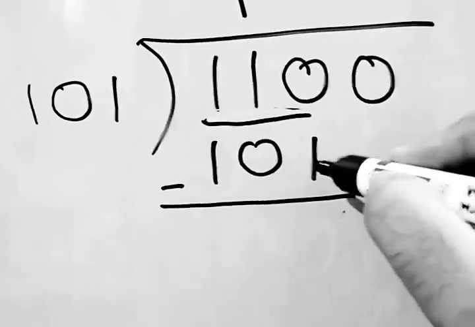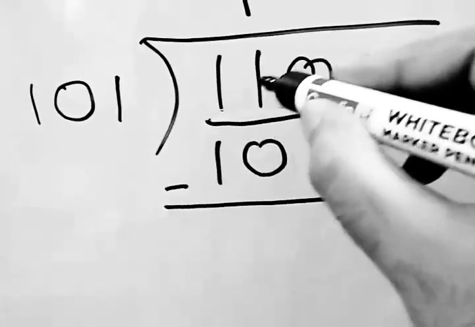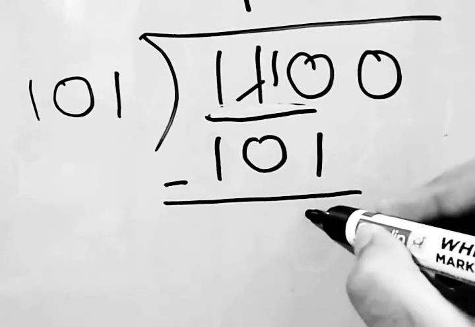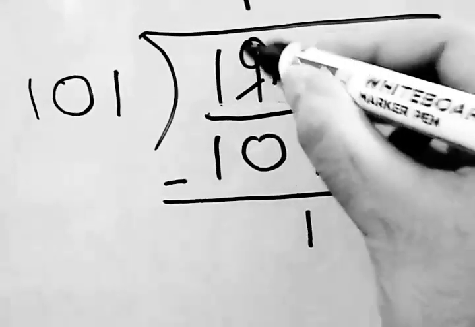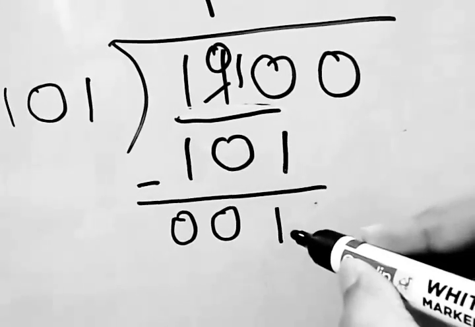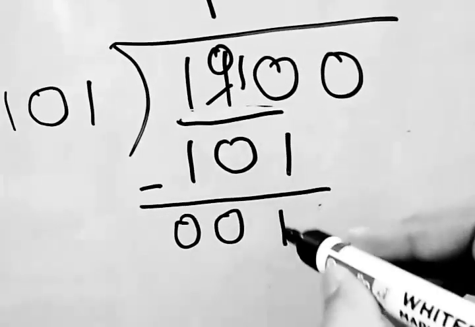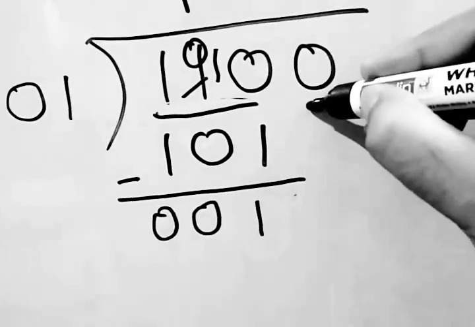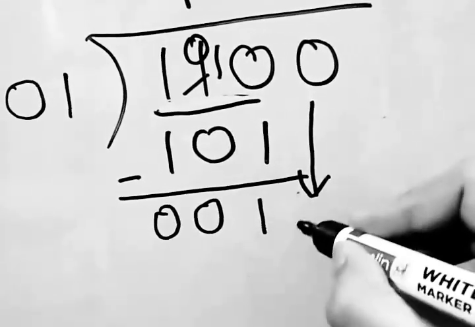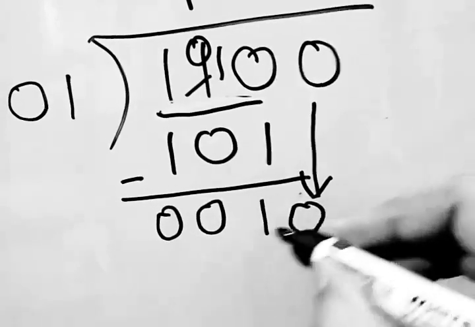0 minus 1, again we have to borrow 1 from the left. 10 minus 1 is 1. It has become 0. 1 minus 1 is 0. So after the subtraction, 1 remains, and a 0 will fall from the top, and it will sit behind this one remainder.